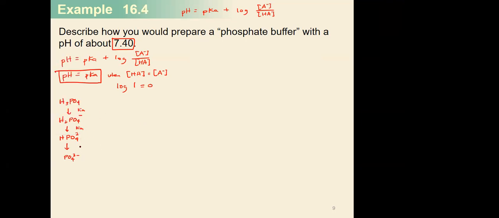This is 7.5 times 10 to the negative 3, this is 6.2 times 10 to the negative 8, and this is 4.8 times 10 to the negative 13. The corresponding pKa values are around 2.12, 7.21, and so on.